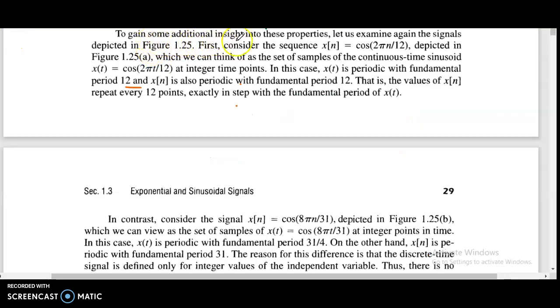To gain some additional insight into these properties, let us examine again the signals depicted in figure 1.25. First, consider the sequence x of n equals cos of 2 pi n divided by 12, depicted in figure 1.25a.